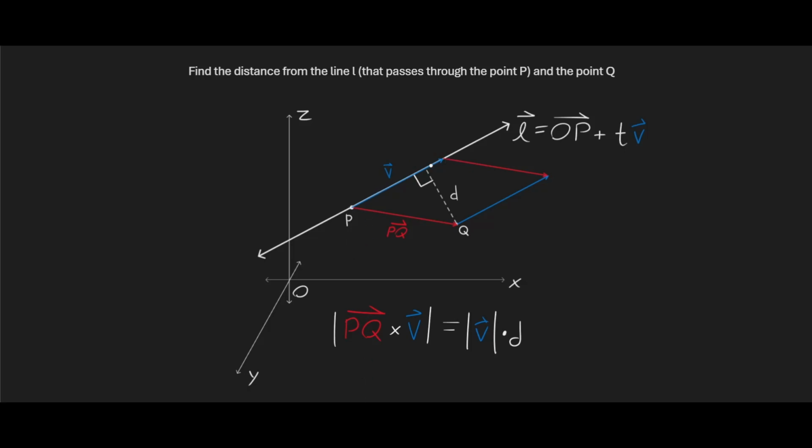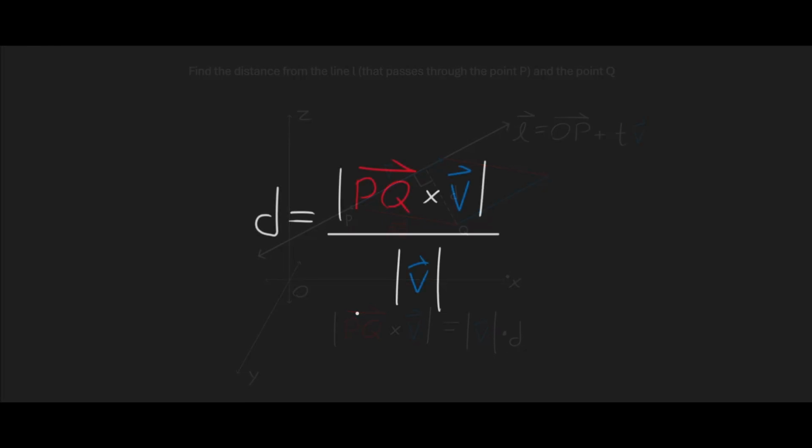This gives us our equation to solve for D. Solving for D gives us this equation here: the magnitude of the cross product between PQ and V, divided by the magnitude of V, will give us the smallest distance from the point to the line.